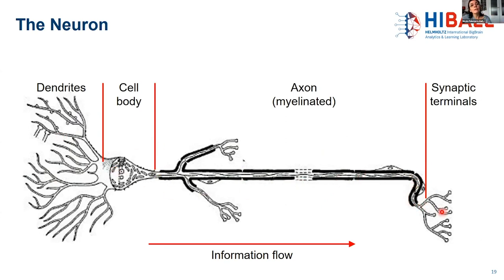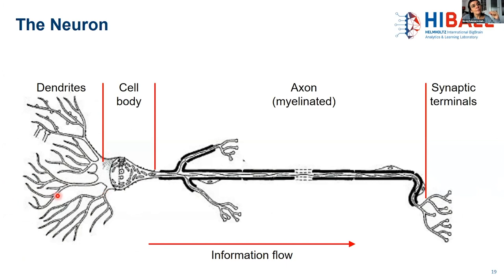And then at the end of the axon, we've got the so-called synaptic terminus. Okay, and this is important to know because this structure enables the neuron to pass on information. So the dendrites of one neuron receive information via synaptic terminus from a so-called presynaptic neuron.